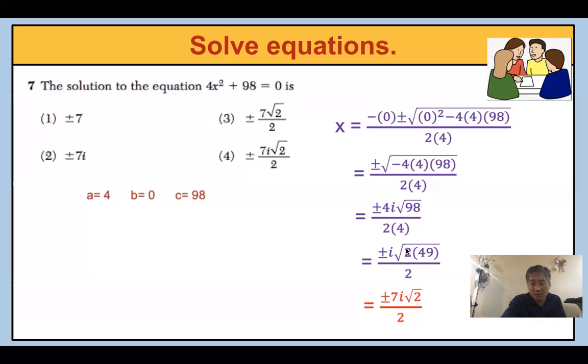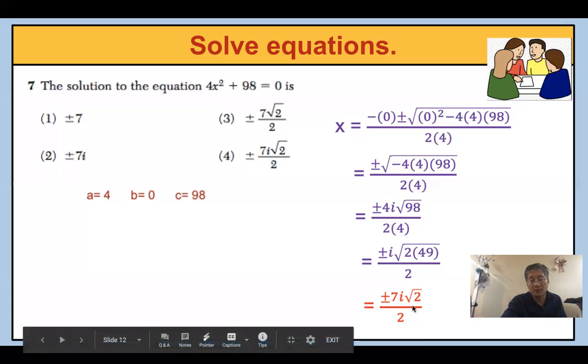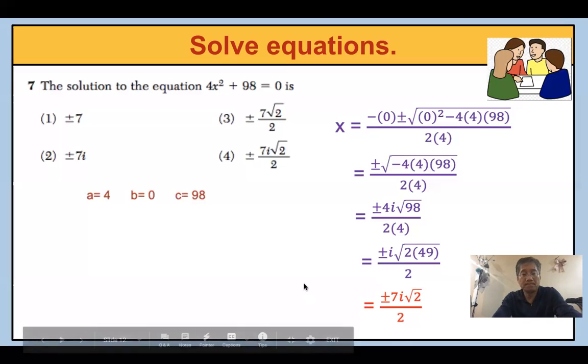So here you don't have a 4 because you canceled. If the numerator and denominator have the same number, then you can cancel it, right? And then here 49, 7 squared comes out as 7. So you have an answer like this. All right? Okay.